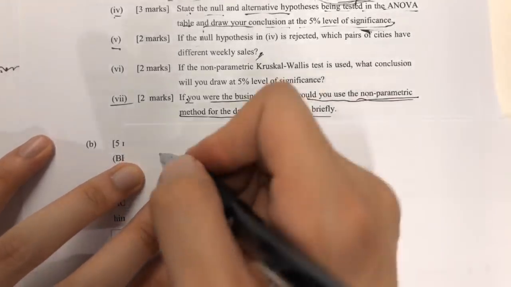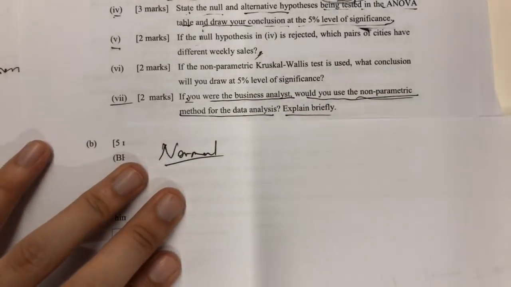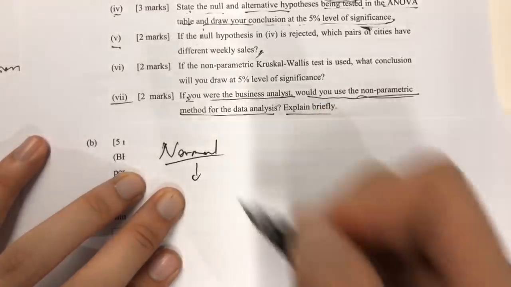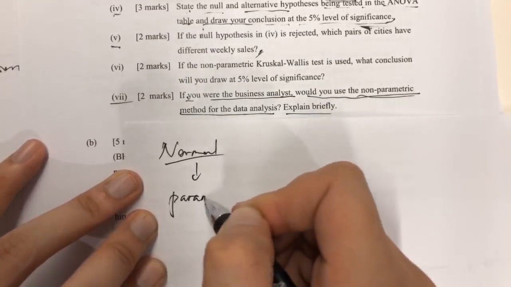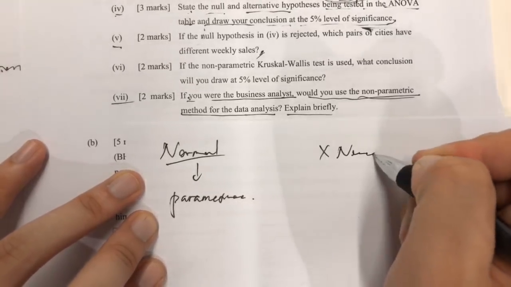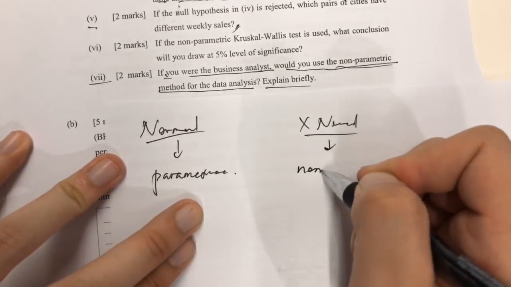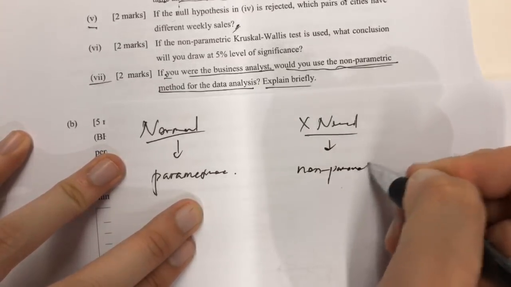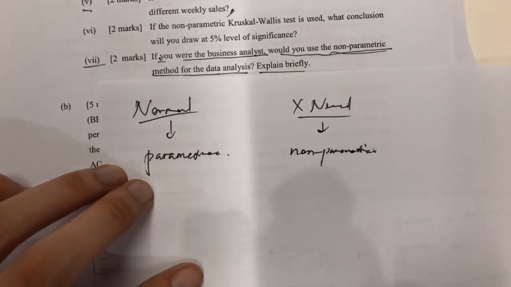It's basically about the normal population assumption. If the population follows a normal distribution, then we'd better use the parametric test, right? And if it is not normally distributed, we'd better follow the result of the non-parametric test.